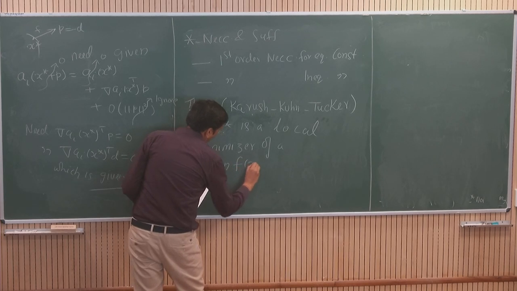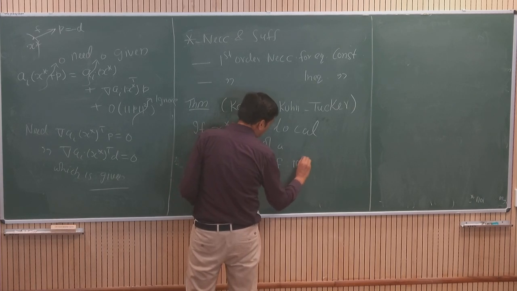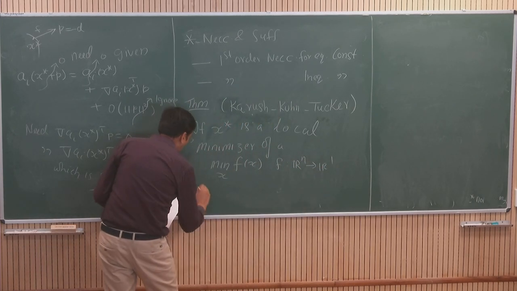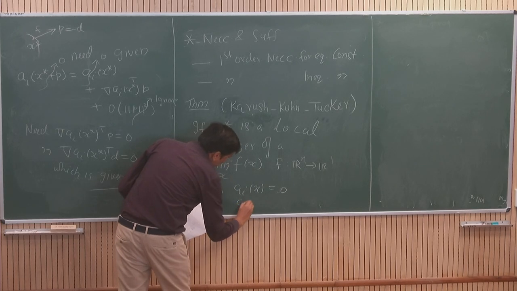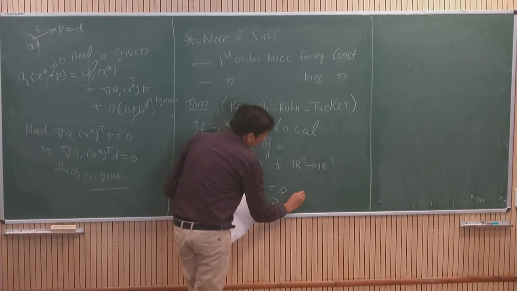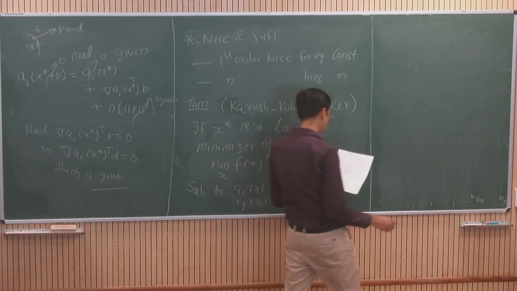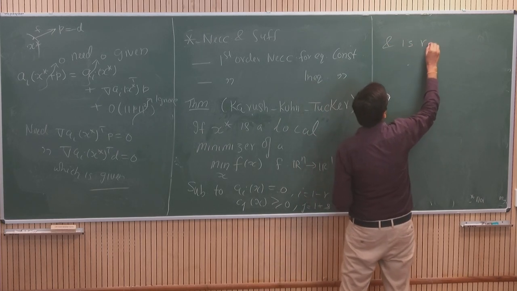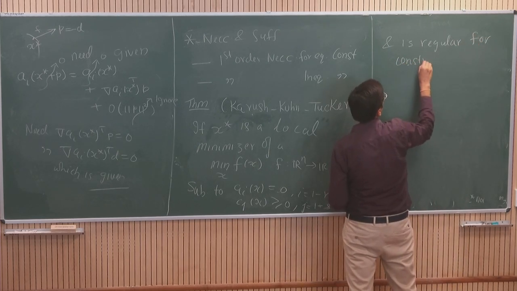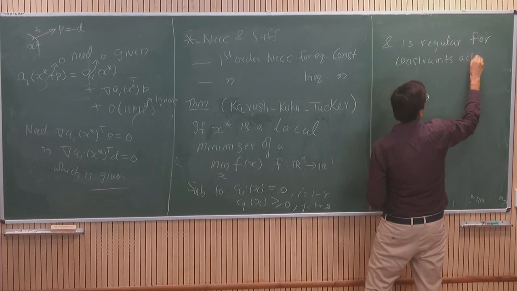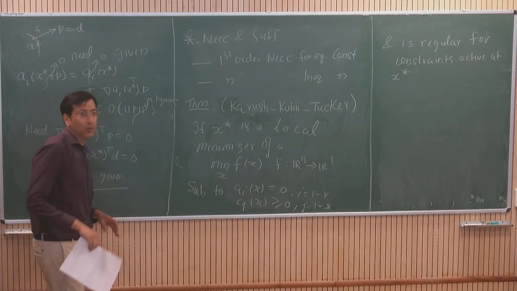Minimize f of x, f going from an n-dimensional space to a one-dimensional space, subject to ai of x equal to 0, cj of x greater than or equal to 0, i is equal to 1 through r, j is going from 1 through s, and x star is regular for the constraints active at x star.